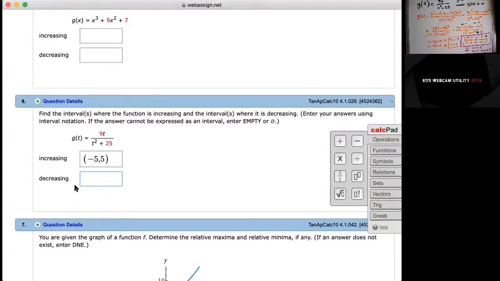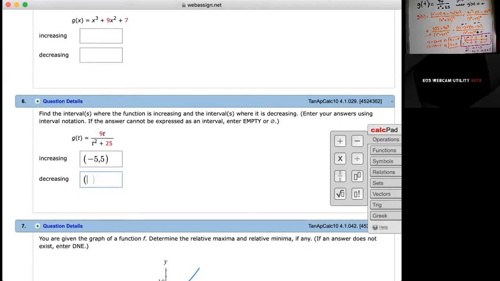And then to do the decreasing interval, I actually have 2 different intervals here. And WebAssign can get a little bit picky about how you write these. I think if you separate them using commas, I don't know if it accepts it. Let's find out. So for x to be less than -5, we're actually going to write that as an inequality, or we're going to write it using interval notation involving infinity here. So infinity, there we go, there's my infinity symbol.